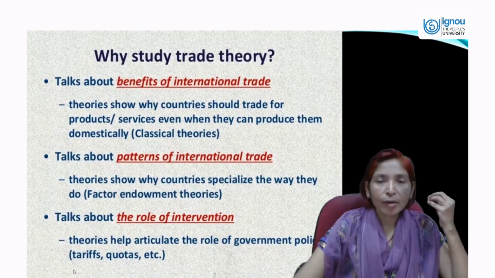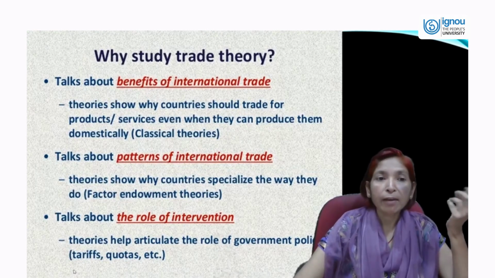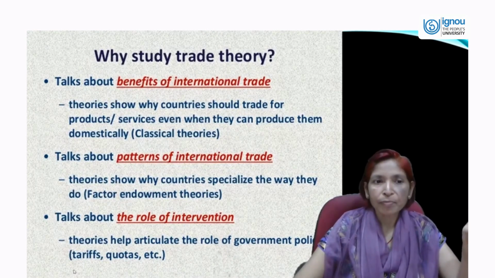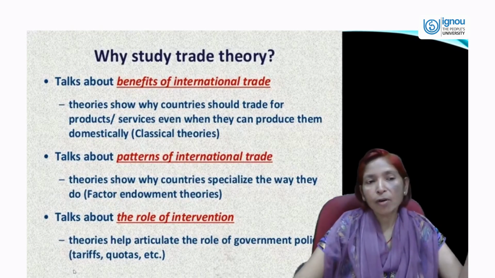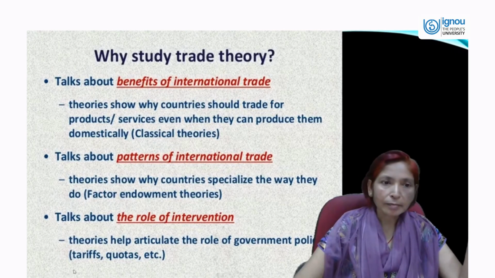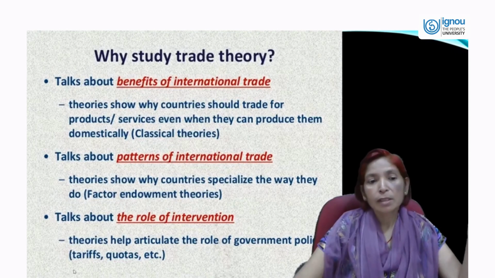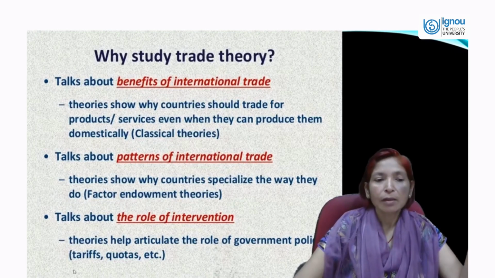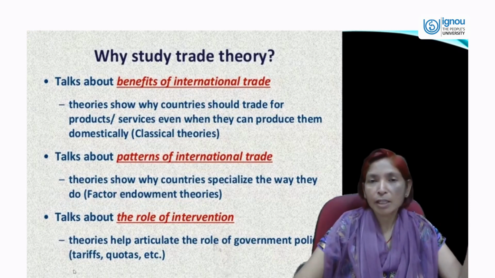So this trade theory talks about the benefit of international trade. These theories show why countries should trade for products or services even when they can produce them domestically. It talks about the pattern of international trade, what type of pattern we are using while doing international trade.